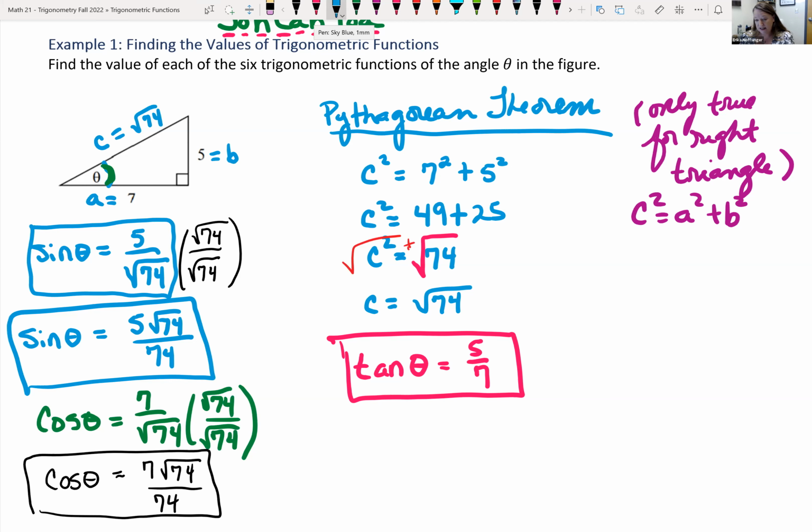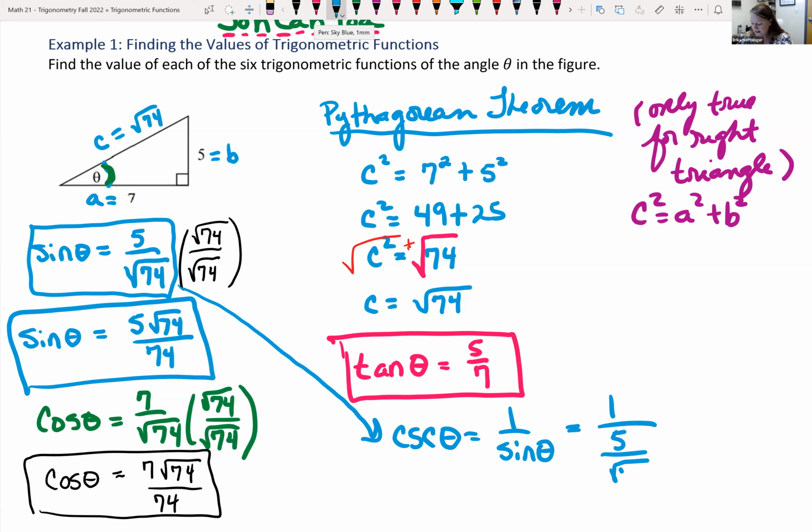So cosecant theta again is equal to 1 over sine theta. So this is equal to 1 over 5 over square root of 74. Invert, multiply. This is another way of saying 1 divided by 5 over square root of 74, just kind of reviewing a little bit of arithmetic.